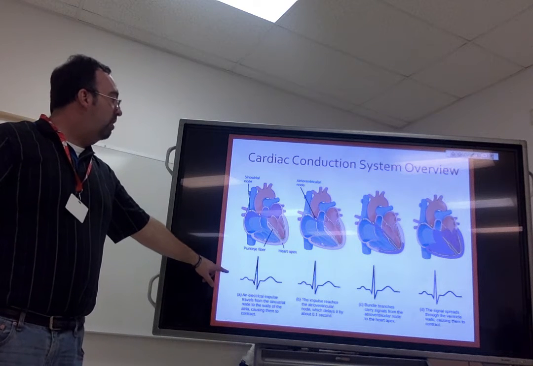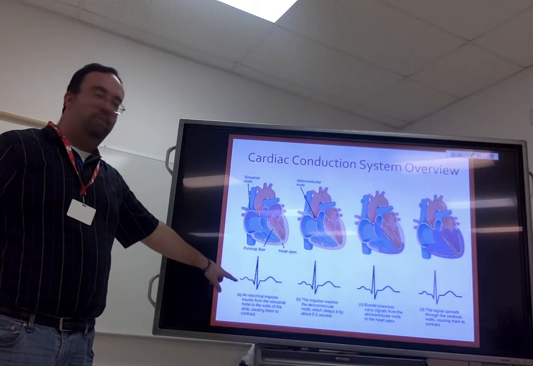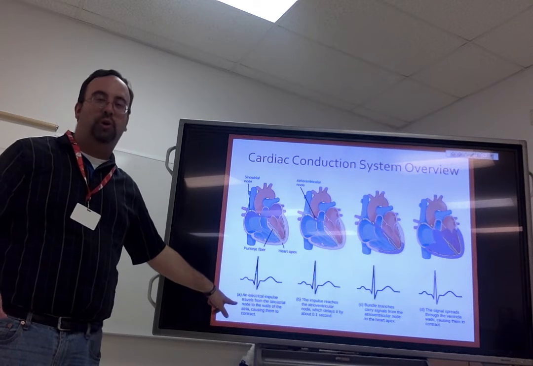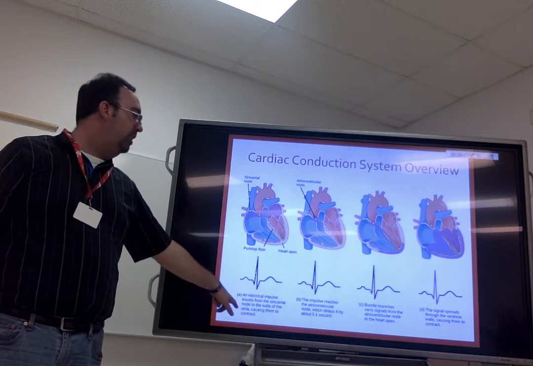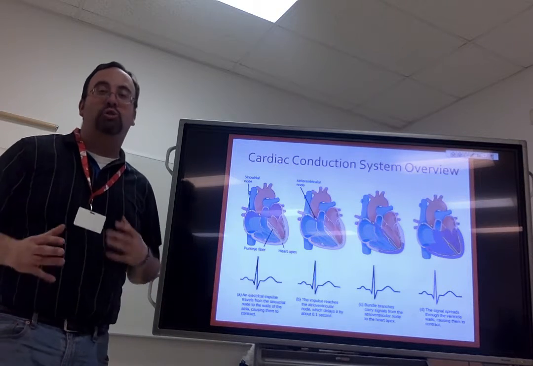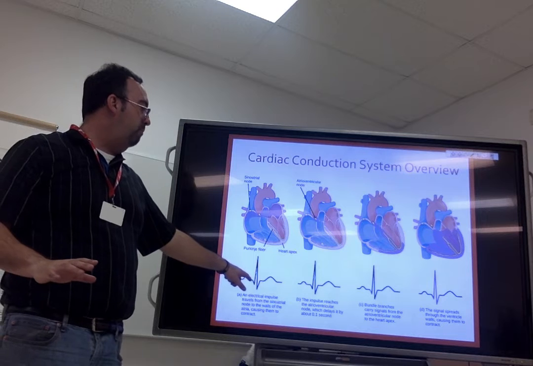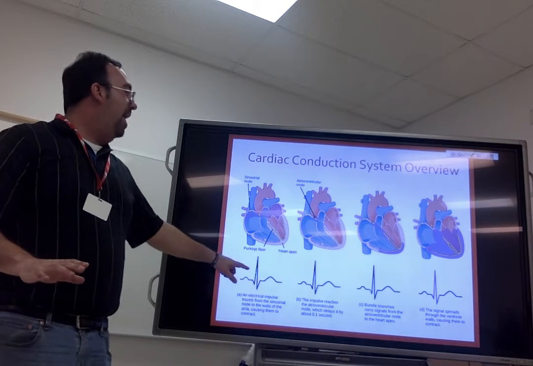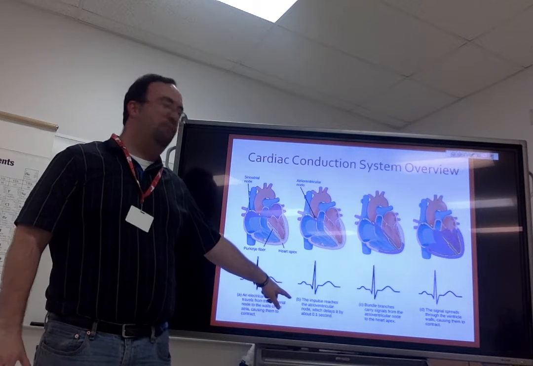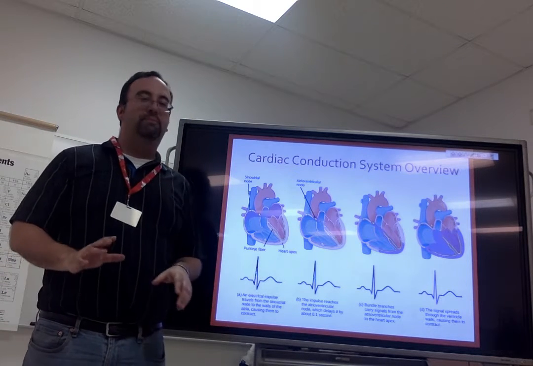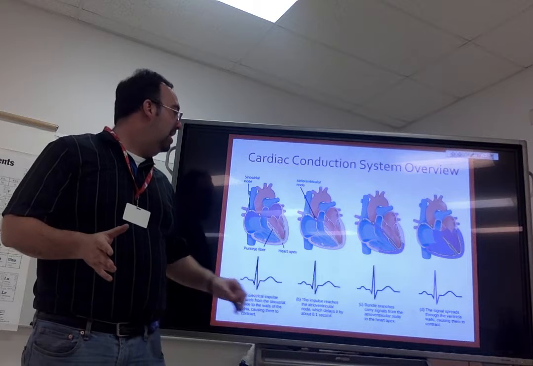When we first start off here, we have an electrical impulse that will travel from the sinoatrial node, also called the SA node, to the walls of the atria, which causes them to contract. This is this first little wave right here. Then we have an impulse that reaches the AV, or atrioventricular node, and delays it by about 1/10 of a second.